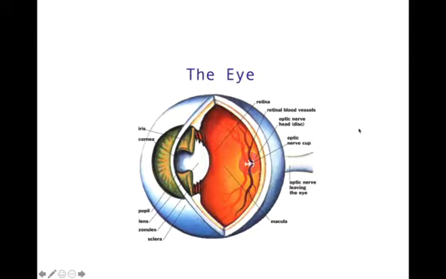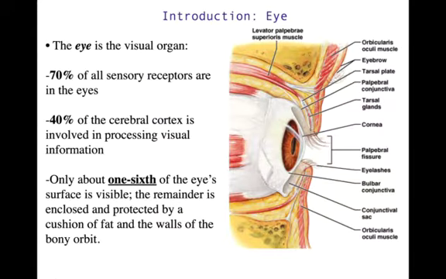We're going to move on, guys, and we're going to start now talking about the eye. All right, so the eye is probably the most complex of our organs in terms of organs for our special senses. Okay, it's what we call the dominant sense. Okay, so of the 5 special senses, hearing, equilibrium, taste, smell, and vision, well, vision is the dominant sense.